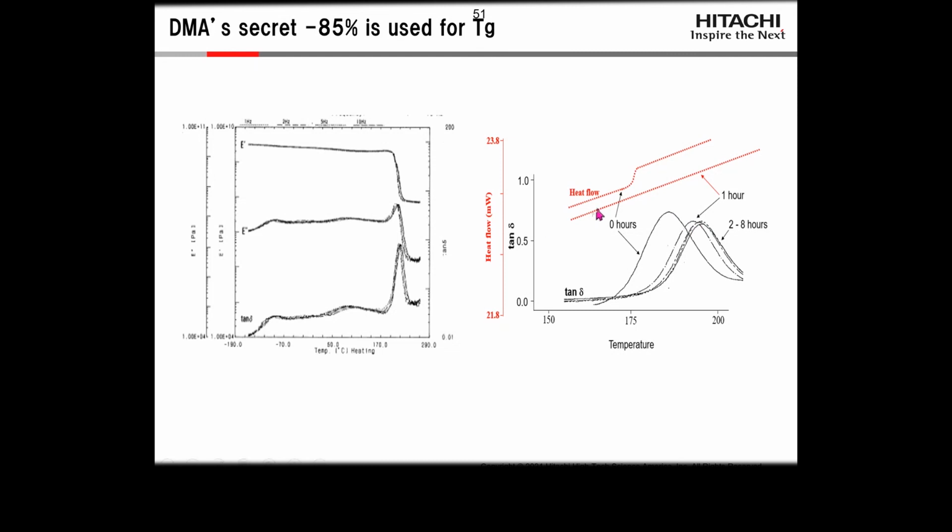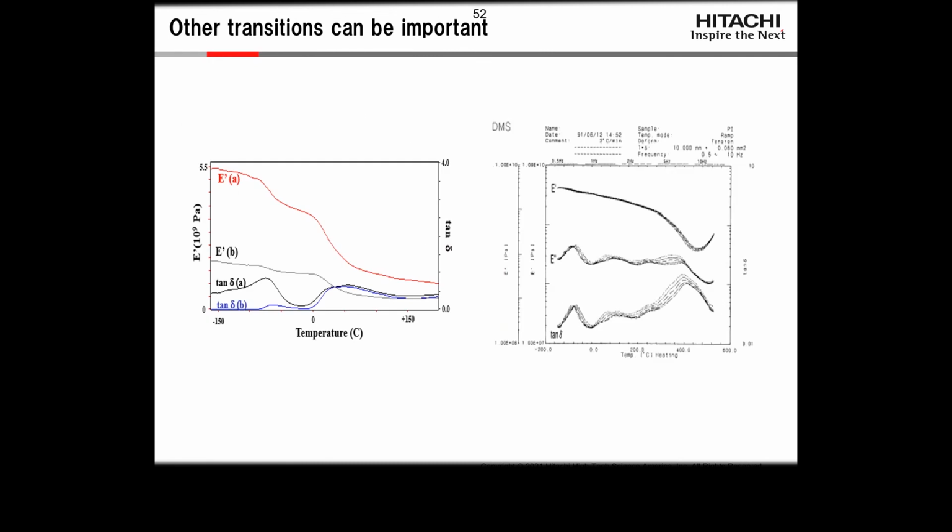So 8 hours after it vanishes from the DSC, I can still see that glass transition in the DMA, which is one of the real advantages for highly cross-linked or highly filled materials, that the DMA will see transitions that are very, very weak.